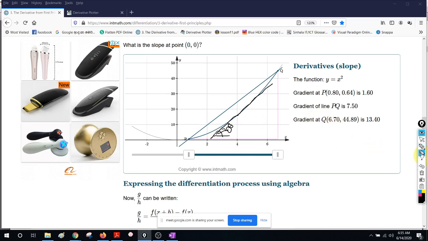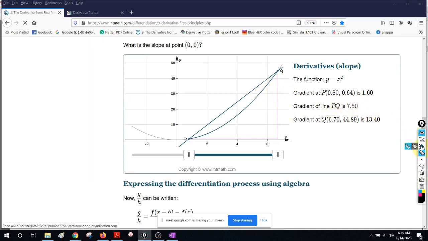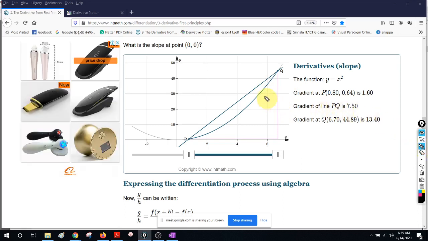If it is some other point, somewhere like this, the most important thing is to understand this. Now the rate of change is not the same here, because it's even steeper. It's a straight line like this, so I have to draw it properly.